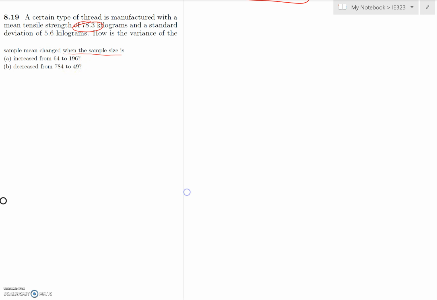So from the problem setting, we can know for the population, the mu equals 78.3, and the standard deviation sigma equals 5.6. So we want to know how the variance changed.